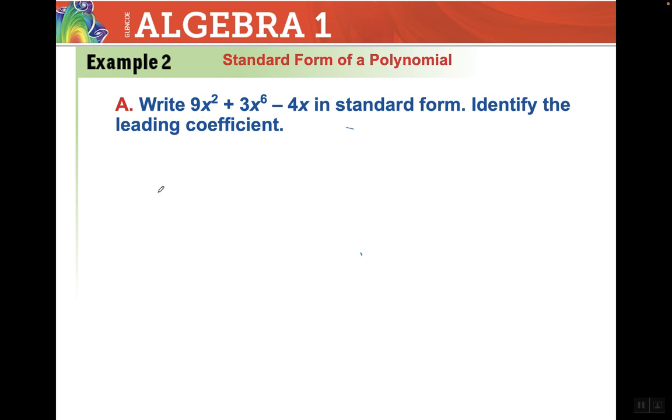So I'm going to put the one with 6 in front. So I have a positive 3x to the 6. Then I have a positive 9x squared. And then I have the negative 4x. Okay? So this is in standard form, highest to lowest degree. The leading coefficient is the coefficient that's on the highest term. So the leading coefficient is 3.